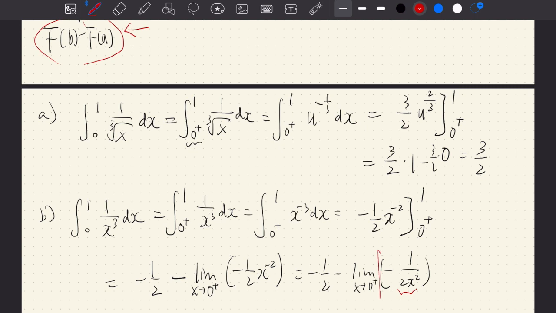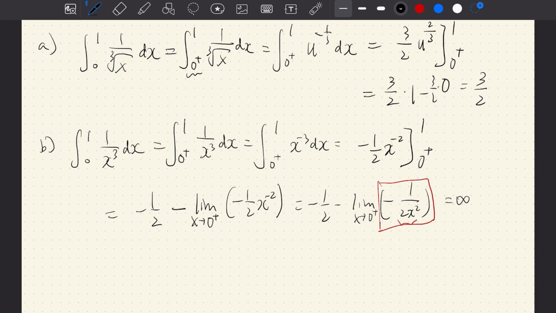Therefore, this whole expression would go to negative infinity as x goes to 0 from the positive side. So you have minus 1/2 minus negative infinity. So eventually this will blow up to infinity. So for this improper integral, it actually evaluates to infinity, or you can say that this improper integral just does not exist.